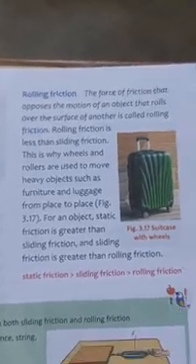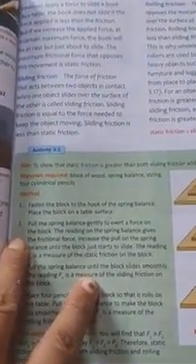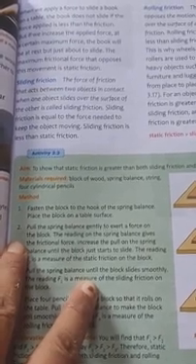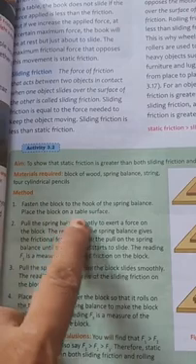So let us understand the activity, to prove that static friction is greater than both sliding and rolling friction. What are the materials required? A block of wood, a spring balance, a string and four cylindrical pencils. First, method number one: we have to fasten the block to the hook of the spring balance and place it on the table surface.